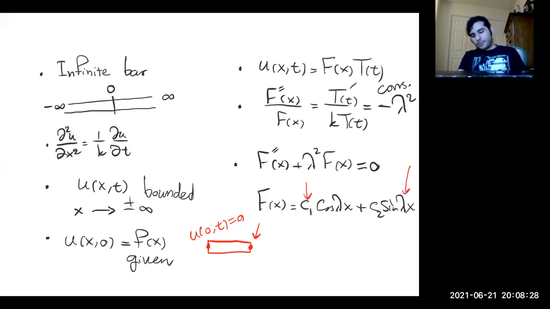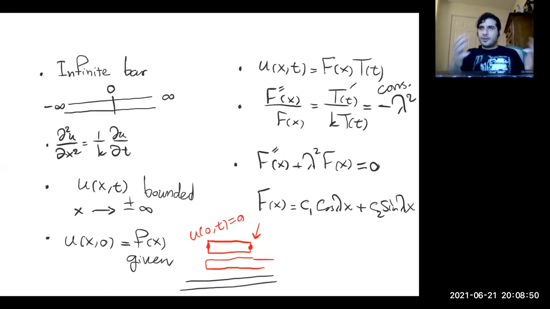But now, when we moved to the case where one side is infinite, we didn't get anything about lambda anymore. Now, in this case that there is no boundary condition, we wouldn't get anything about C1 either. There is no condition, right?